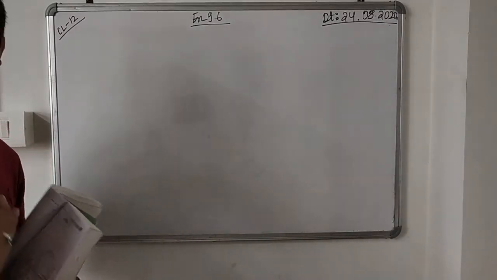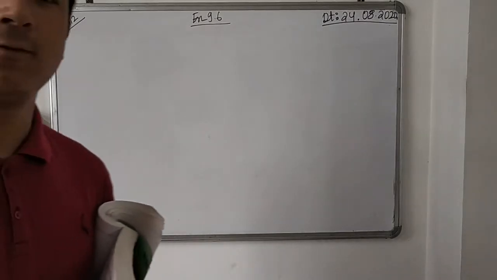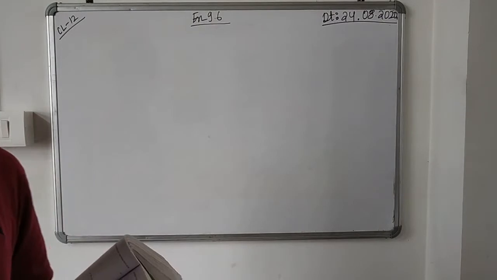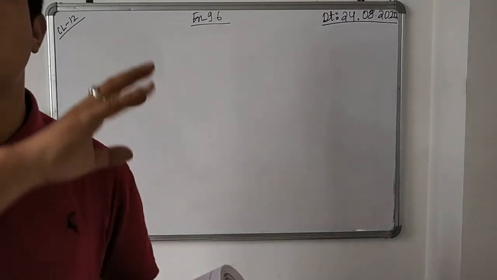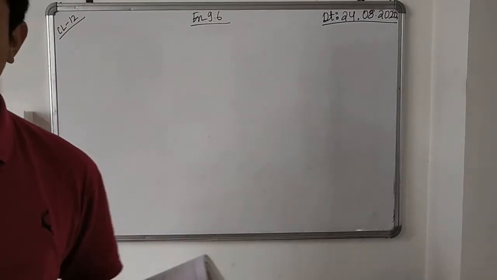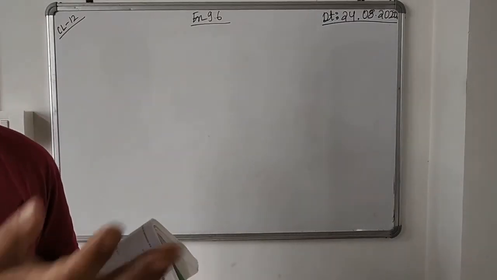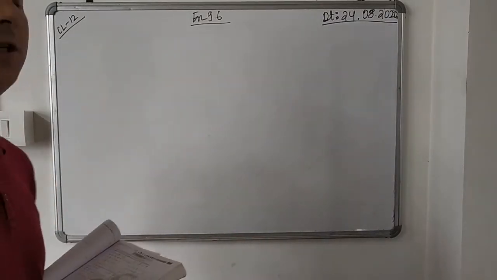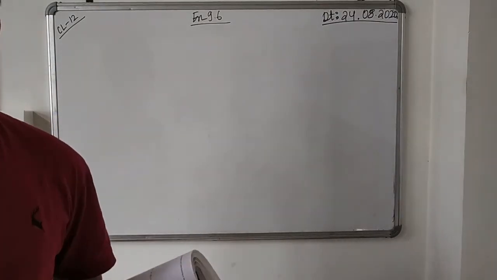This year, because of the pandemic, coronavirus disease, the syllabus of ISC has been reduced, and the main part of integration has been reduced. If you see the syllabus, you'll understand. Please compare the reduced syllabus which I have sent you on WhatsApp with your normal syllabus of class 12.